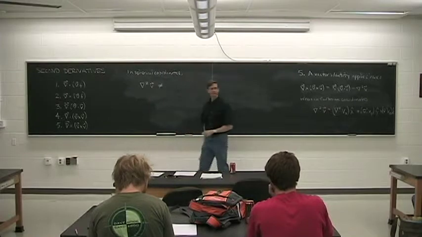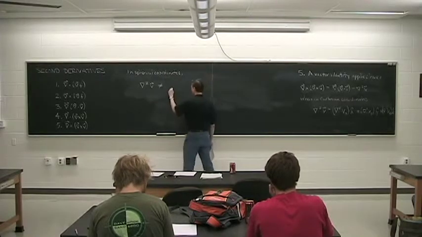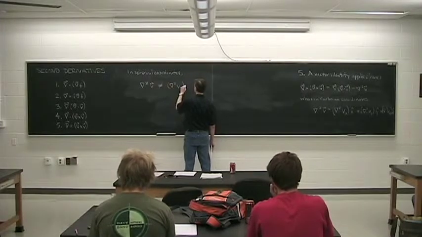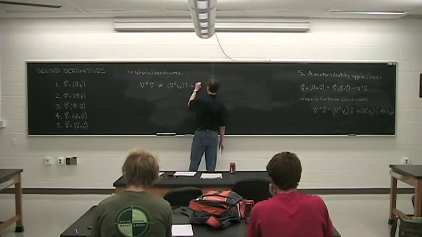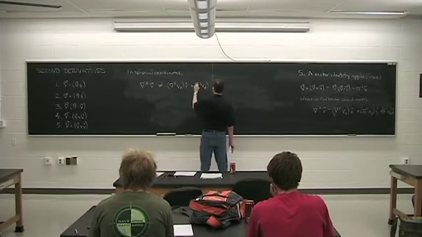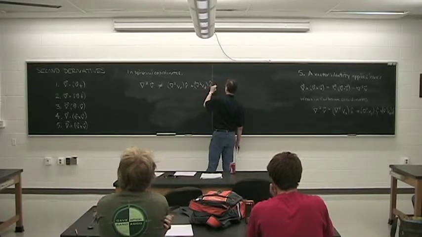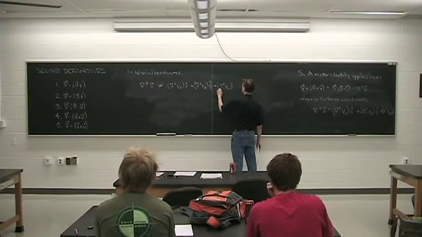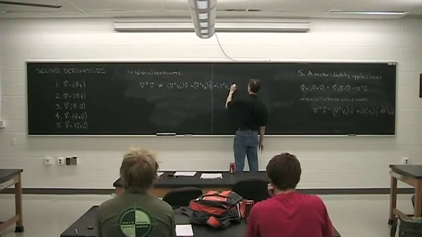Grad squared v, for example, does not equal the Laplacian of v sub r times r hat plus the Laplacian of v sub phi times phi hat plus the Laplacian of v sub theta times theta hat. Doesn't work.